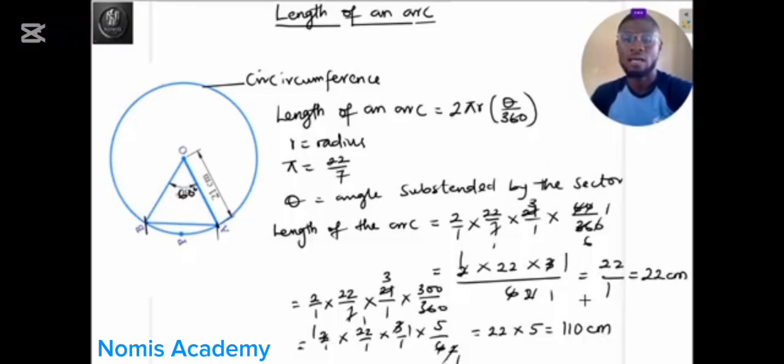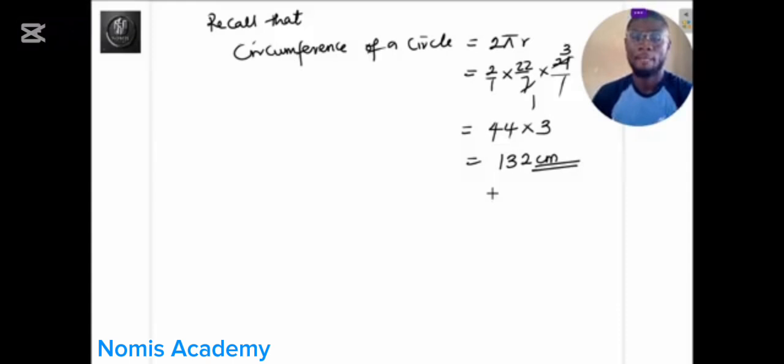So let's take another example on length of an arc. Example number 2.